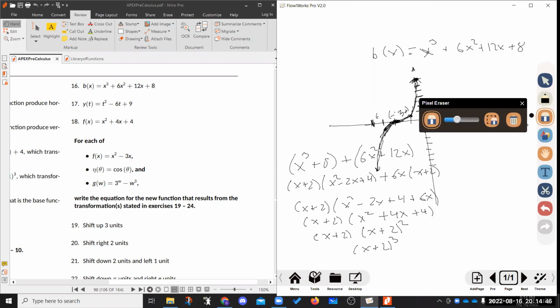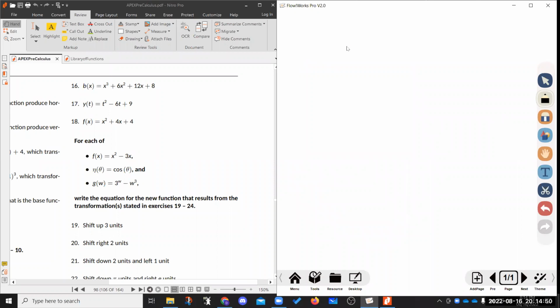That one was kind of tricky because we had to get it in the form where it looked like a parent graph first. Y of t is equal to t squared minus 6t plus 9. So this is t minus 3 squared. That's going to shift it 3 to the right. It's going to be a parabola that opens up. 1, 1, 2, 1, 2, 3, 4.